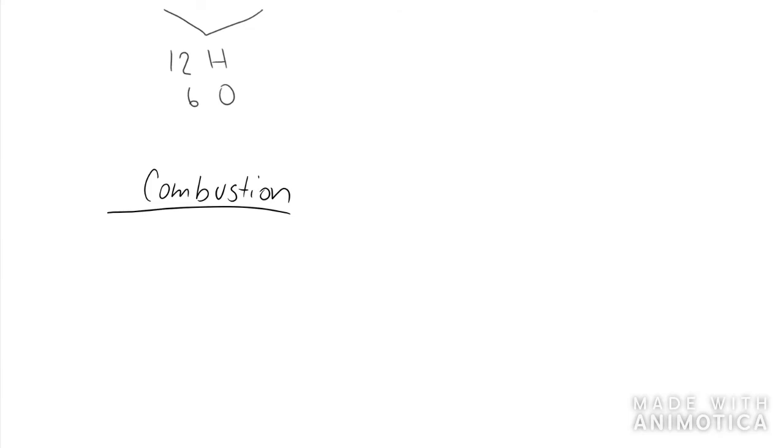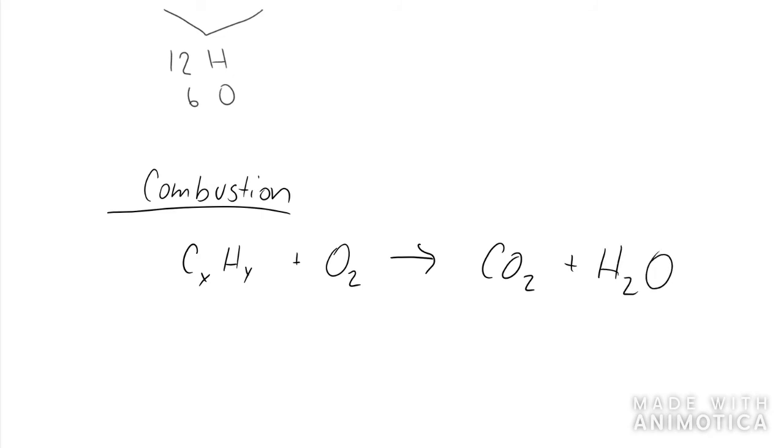So our general form is if we take a carbon or a hydrocarbon, so it has carbon and hydrogen, and we react it with oxygen, we're going to get CO2 and H2O. There are other combustion equations, but we're not going to be looking at it at this level. If you take the higher level chemistries, you may.